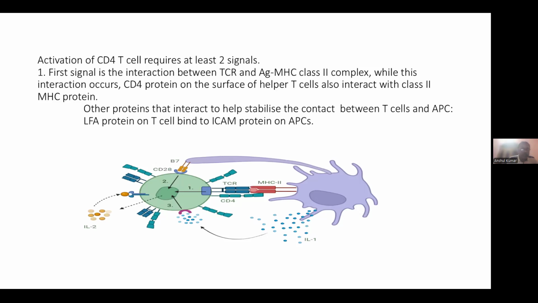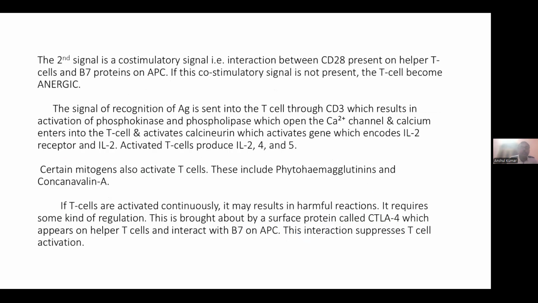Then the second signal is a co-stimulatory signal, that is the interaction between CD28 present on helper T cells and B7 proteins on antigen presenting cells. If this co-stimulatory signal is not present, the T cells become anergic. Now, what are anergic T cells?